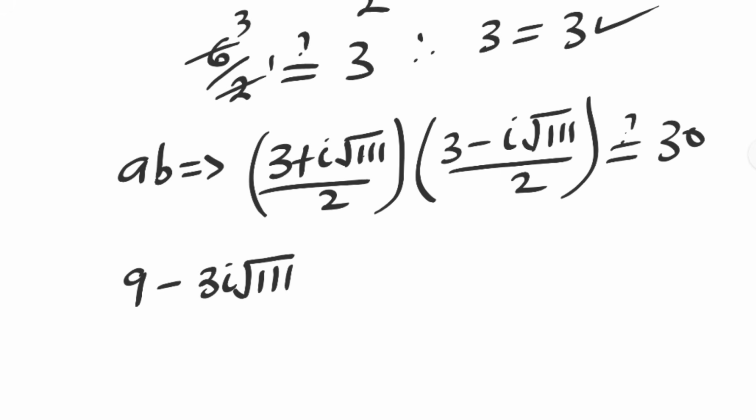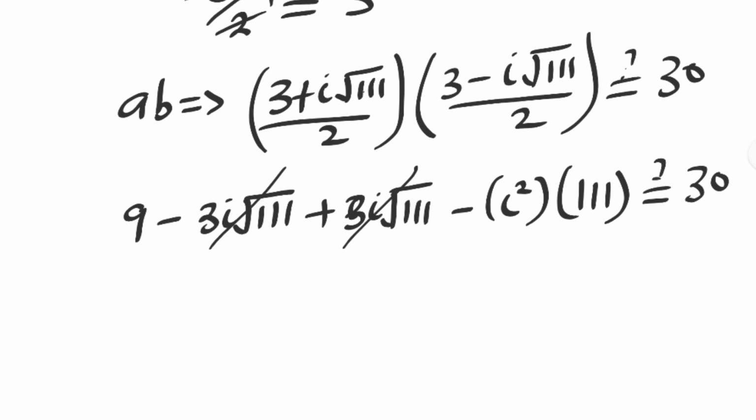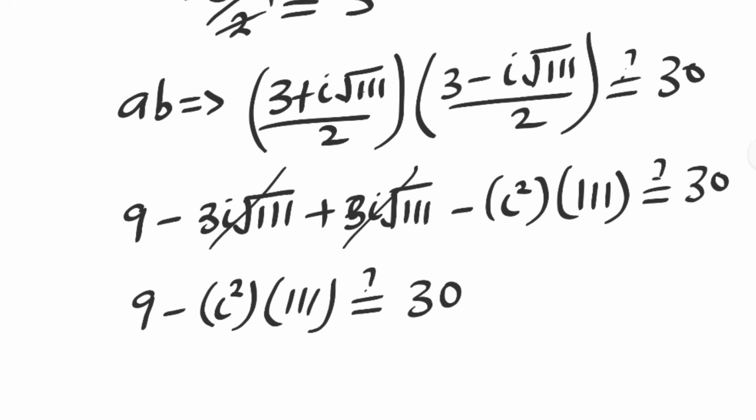Then i root 111 multiplied by 3, this is plus 3i square root of 111. Then i root 111 multiplied by minus i root 111, this is minus i square multiplied by 111, must be equal to 30.